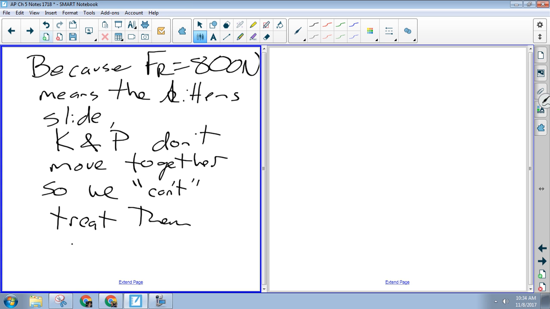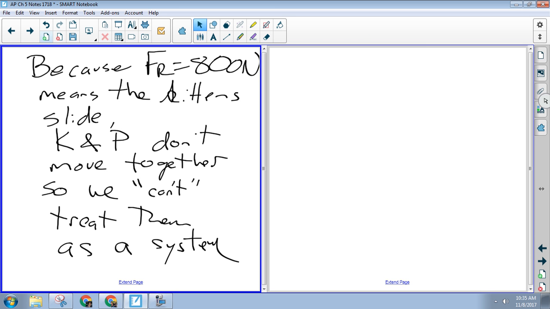There is a way to do it, and we'll deal with that in a couple chapters, but for now, we're not going to worry about it. Does that make sense? Because they're going to have different accelerations, it wouldn't make sense to talk about the acceleration of the peanuts and the kittens because they're moving at different rates. Follow?